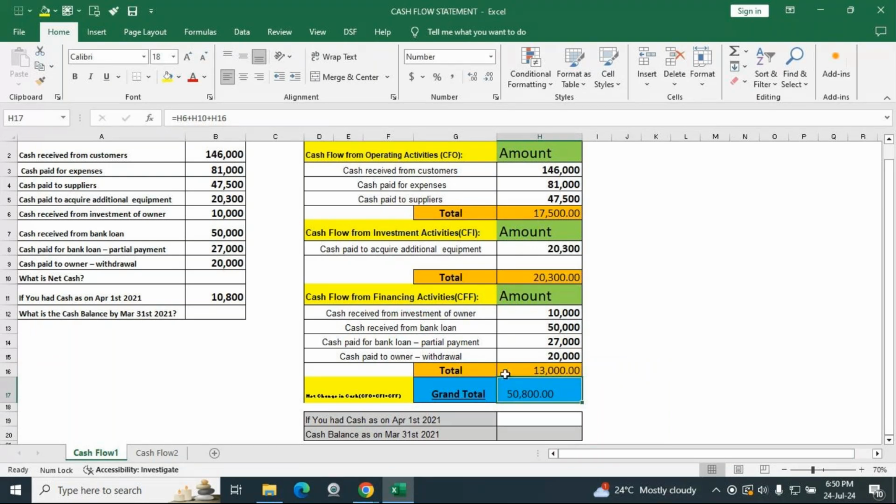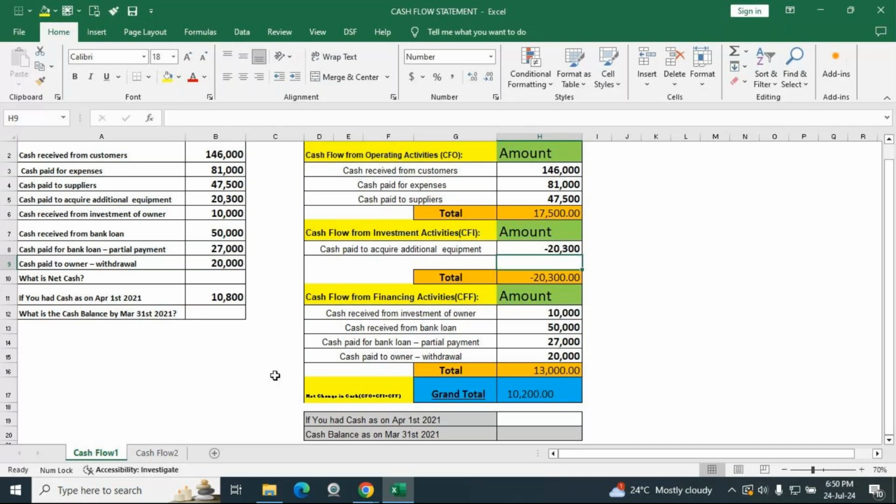Ma'am, in investment activity also the cash is an outflow, so cash should be used from investment activity, so it is minus. Yes, ma'am. So here in the beginning, I'm going to put it as minus 10,200. So after all the activities are happening, I am getting this grand total.